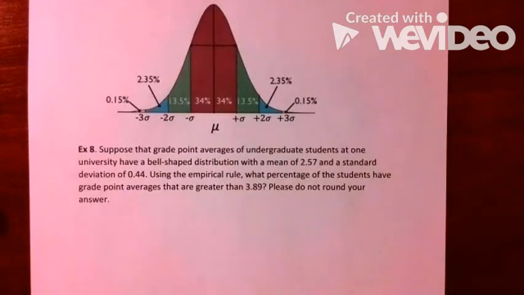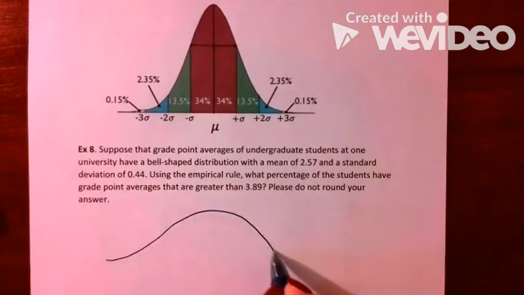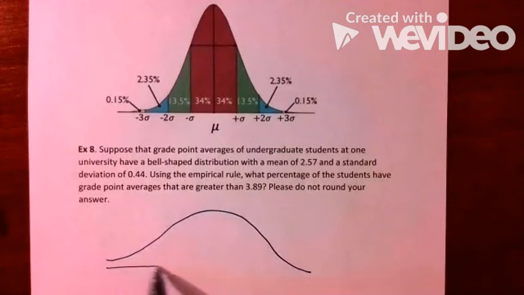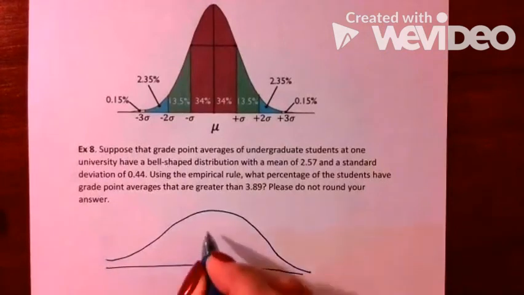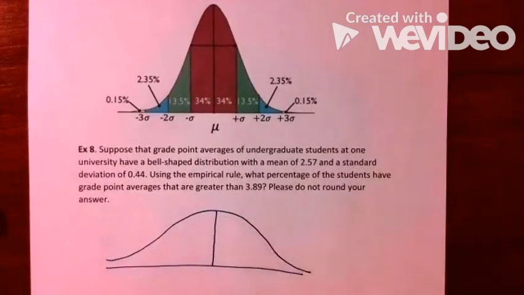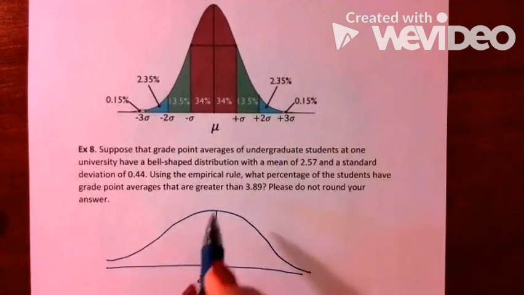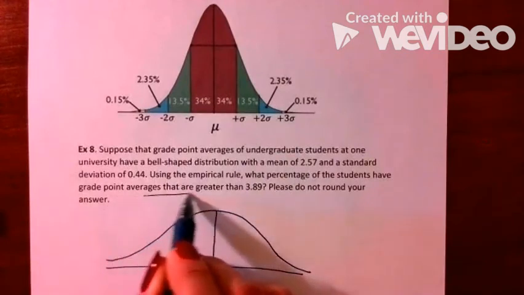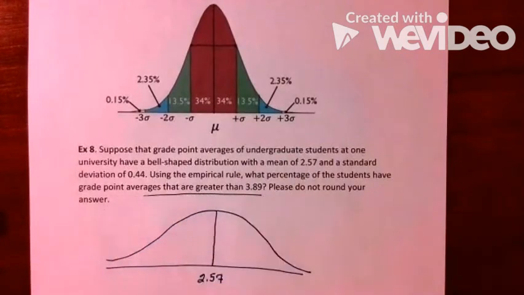So again, we will construct our bell-shaped curve. Our mean here is 2.57. And I'm looking at what percentage of GPAs are greater than 3.89.